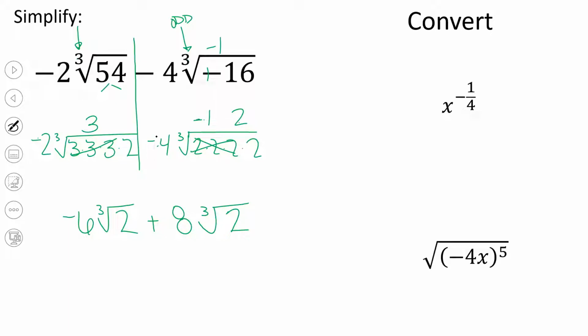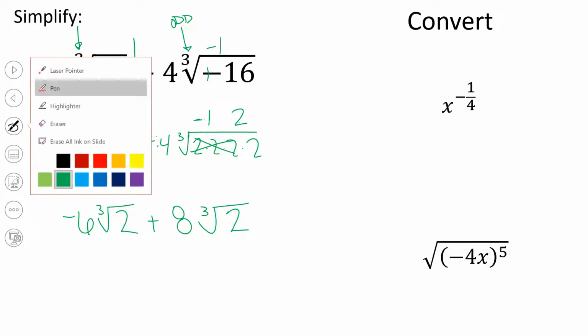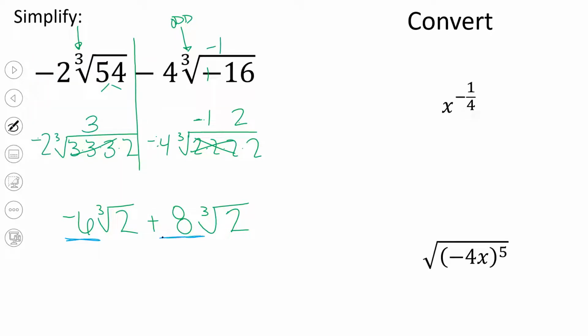My signs changed. So I can only add the outsides. What's -6 and +8? +2. Does anything else change? No. So there would be my final answer. Okay. Questions on number 1?